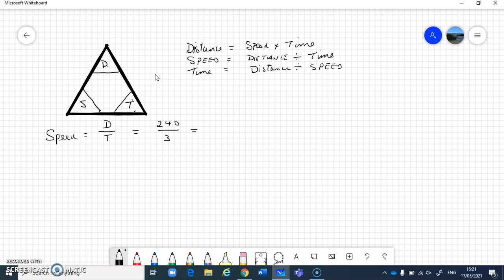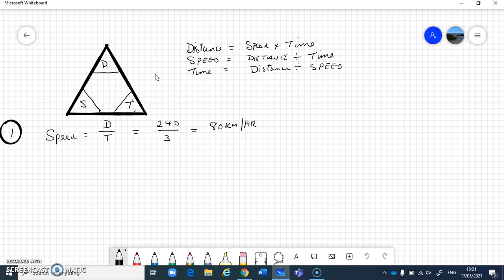Put 240 divided by 3 into the calculator. Well, that gives us 80. And speed is always going to be in kilometers per hour, meters per hour, meters per minute, or meters per second, whatever. But in this case, it's kilometers per hour. You can write it like that, km/h. Okay, so that's number 1 on page 1.